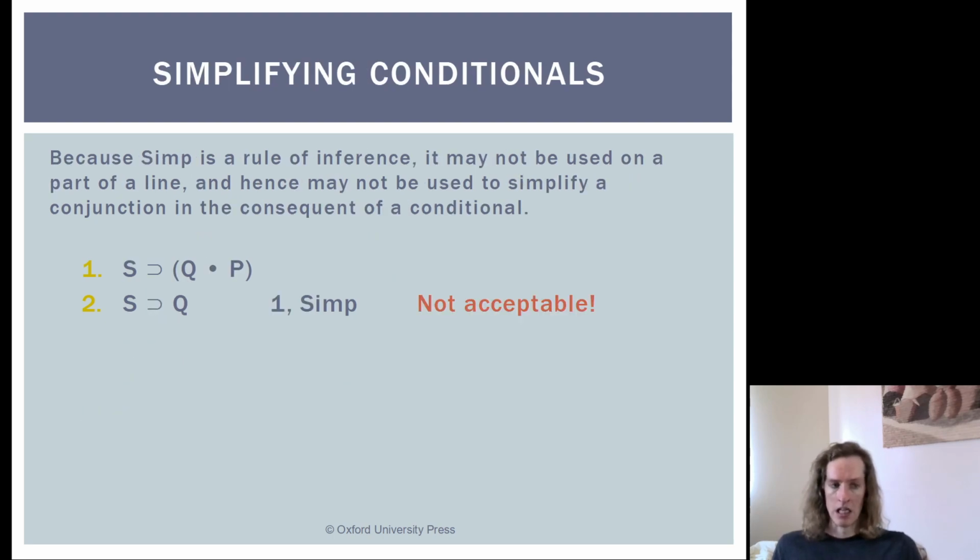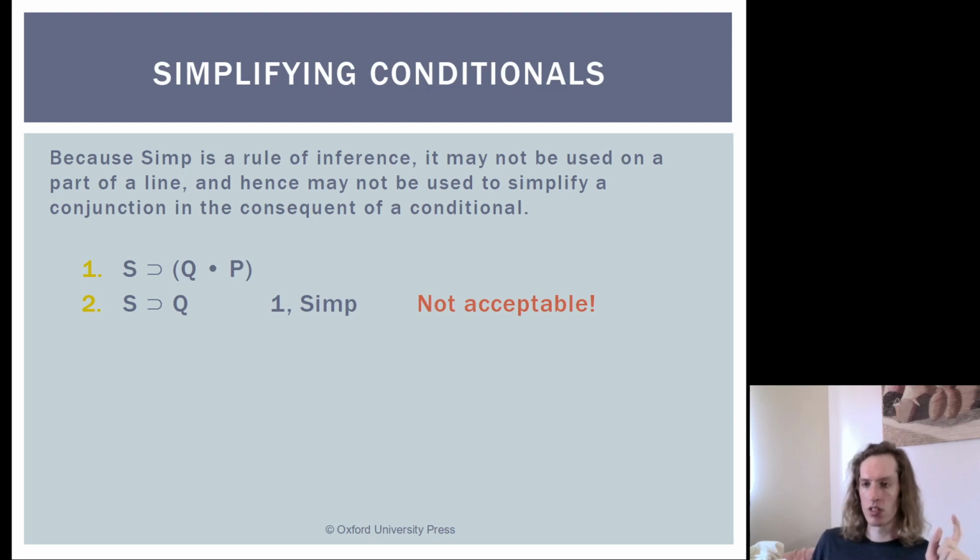All right, here's something to be aware of. Because simplification is a rule of inference, it cannot be used on just part of a line. It's really important. If there's a bunch of stuff going on, and there's some conjunctions in the middle of a large, complex, well-formed formula, you can't just simplify out part of it.